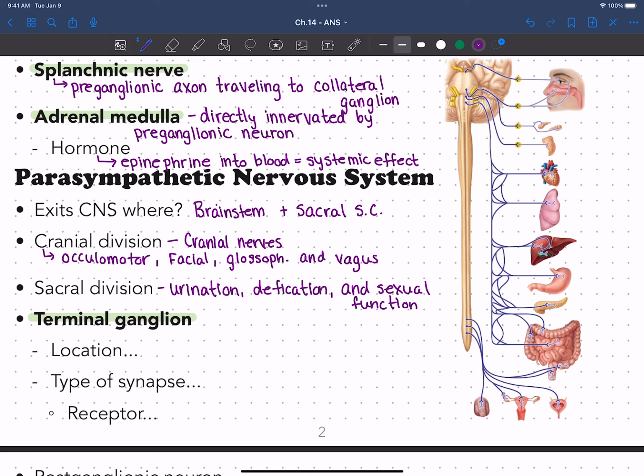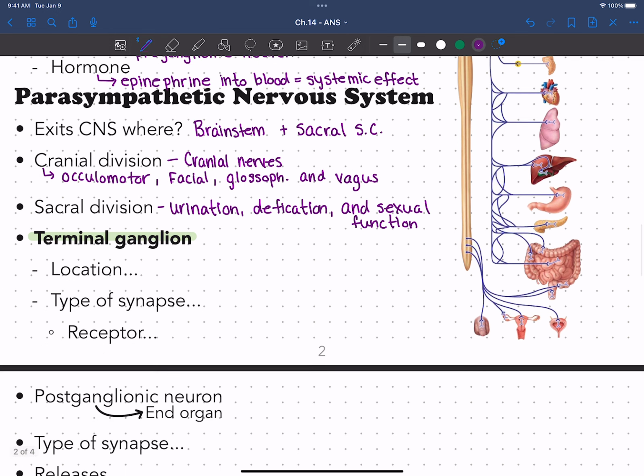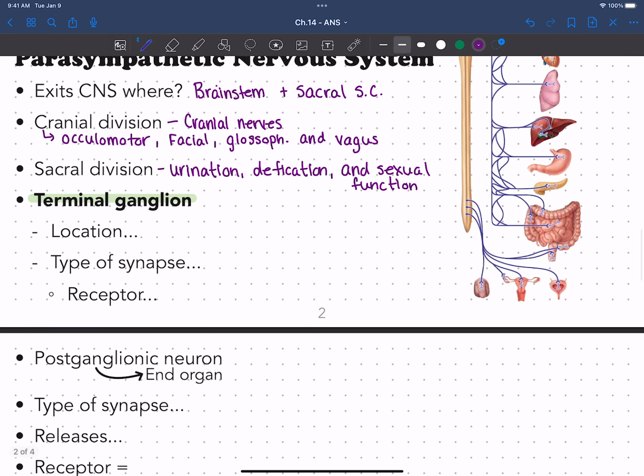The preganglionic neuron and the postganglionic neuron meet in what are referred to as terminal ganglia. Terminal is referring to the fact that these ganglia are located very close to the end organ. Right? So for their location, that would be near the end organ.